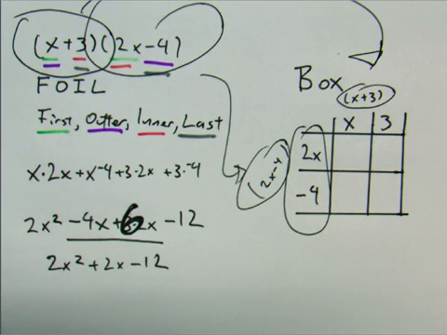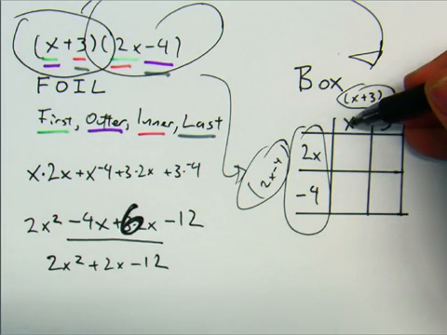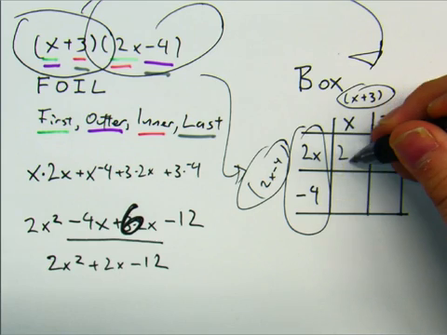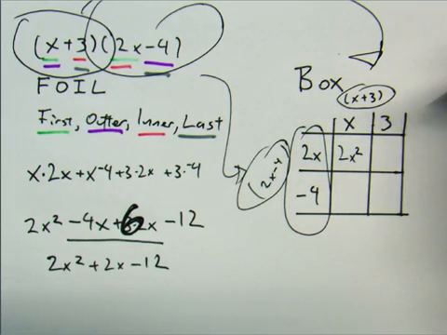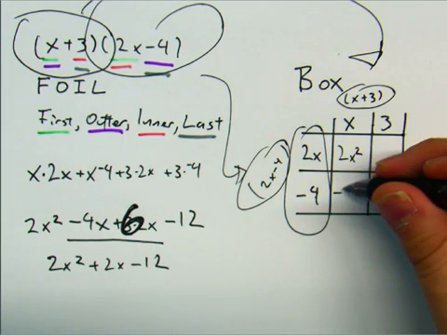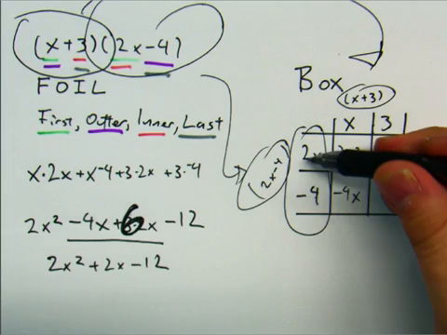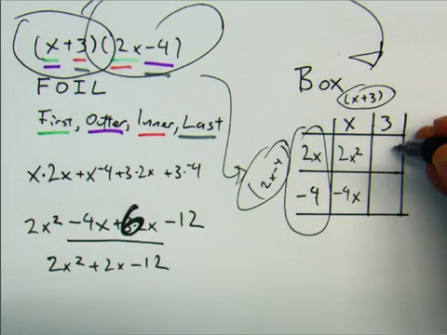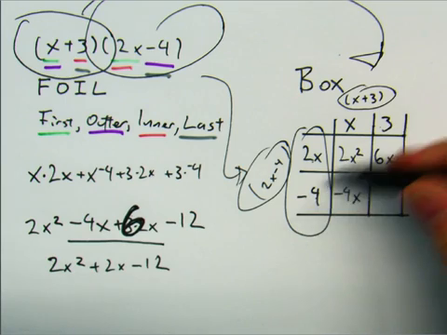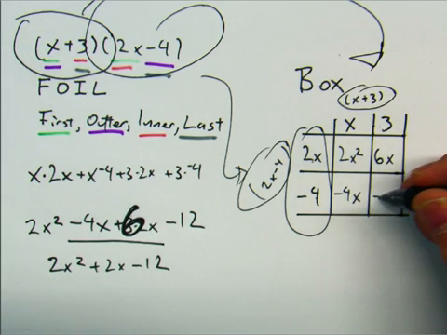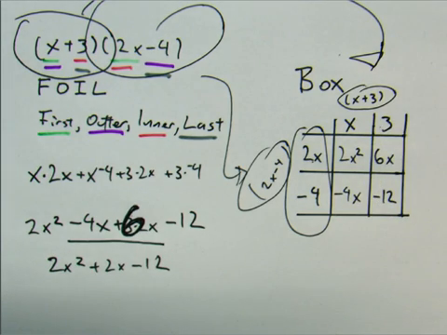So now all I do is fill this in like a times table. I just multiply each thing by each other. So I have x times 2x, so that becomes 2x squared. I have x times negative 4, becomes negative 4x. I have 2x times 3, which becomes 6x. And then I have negative 4 times 3, which becomes minus 12. So now I have it all lined up in a box.